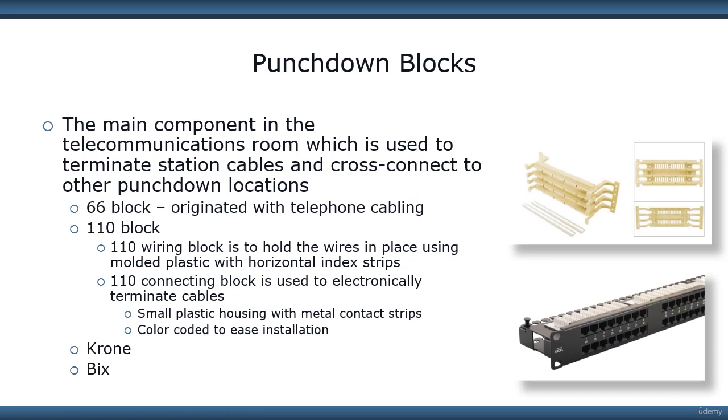But behind the scenes, you've actually had to terminate that connection so that you can then use a patch cable between that system and the switch. And the Krone or BIX are just different kinds of patch panels. We'll take a look at some images of those to help you differentiate.